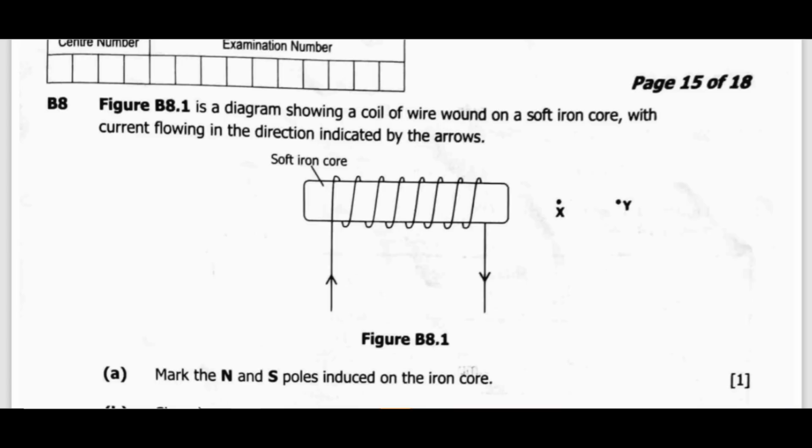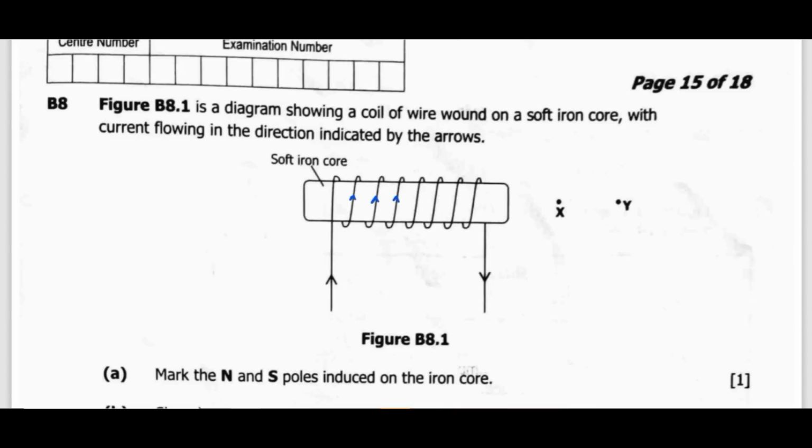So now how can we know the side, the north pole and the south pole? We're going to use the thumb rule, where the fingers will determine the flow of what? The flow of current. So the current will be flowing in this direction.